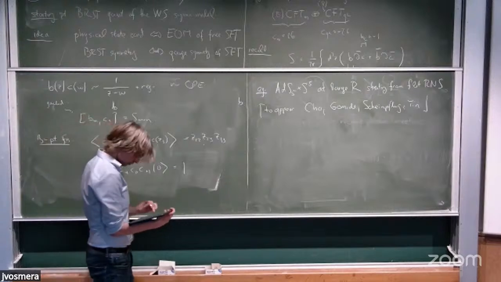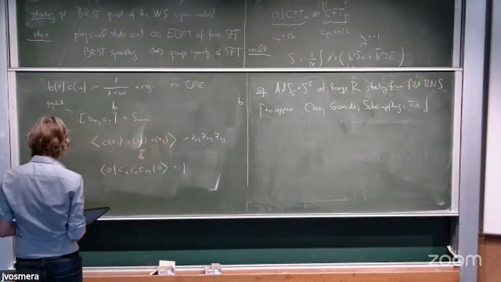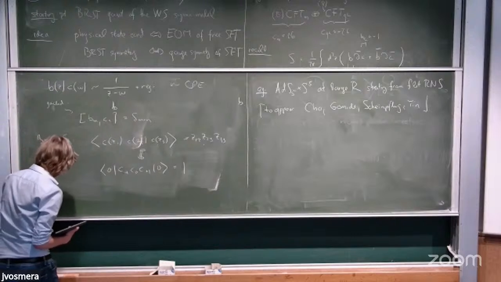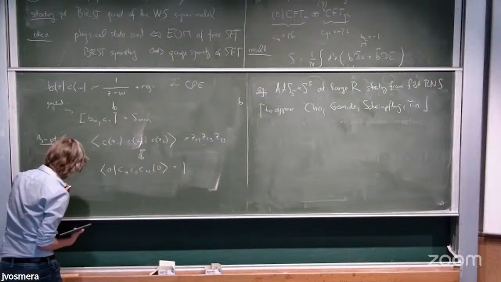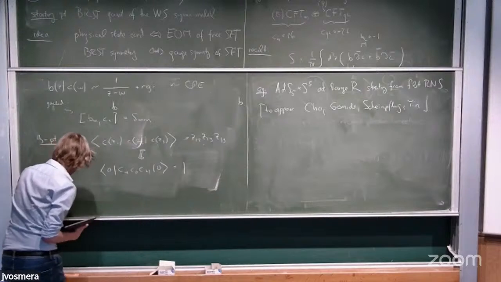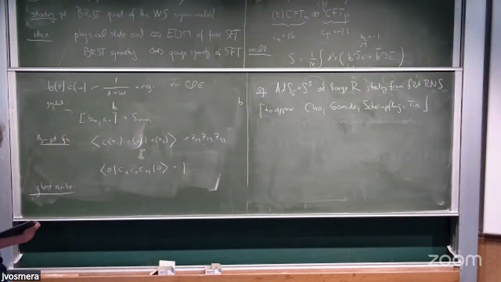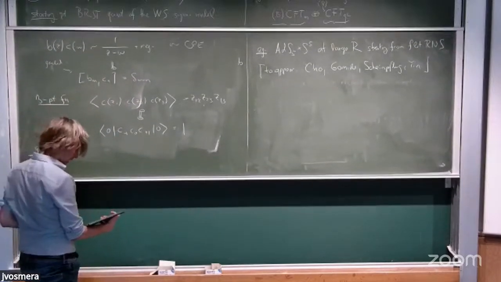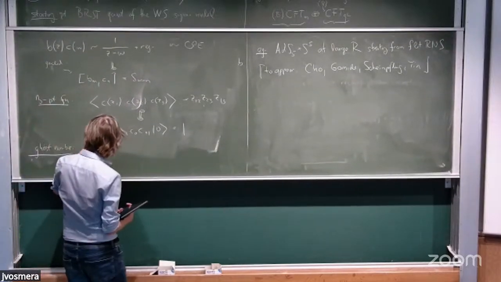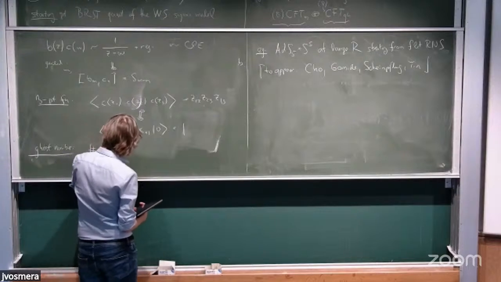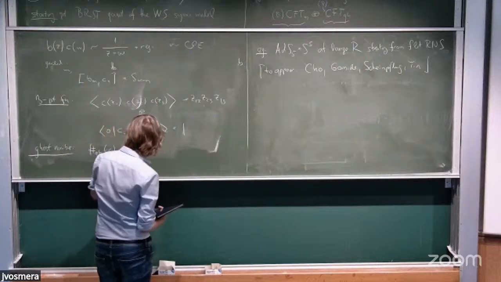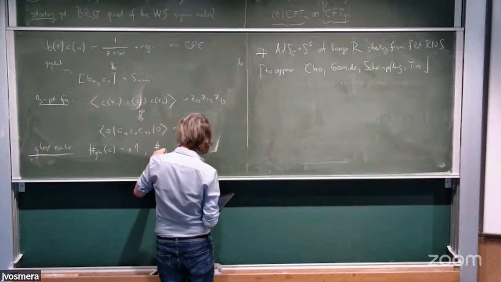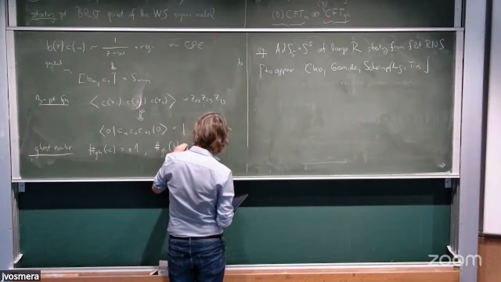So ghost number, that's an additional concept I want to introduce. It is a quantum number in the CFT, which is associated to a conserved current, and it assigns value +1 to the C ghost and the value -1 to the B ghost.